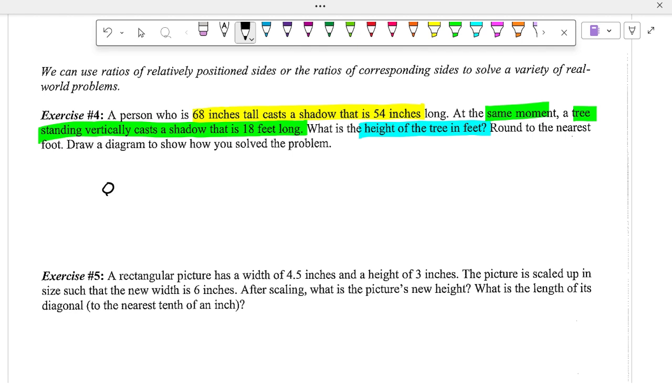So we got us a random person here. This person is 68 inches. Now, they cast a shadow. So their shadow is right here. They cast that shadow, which is 54 inches.